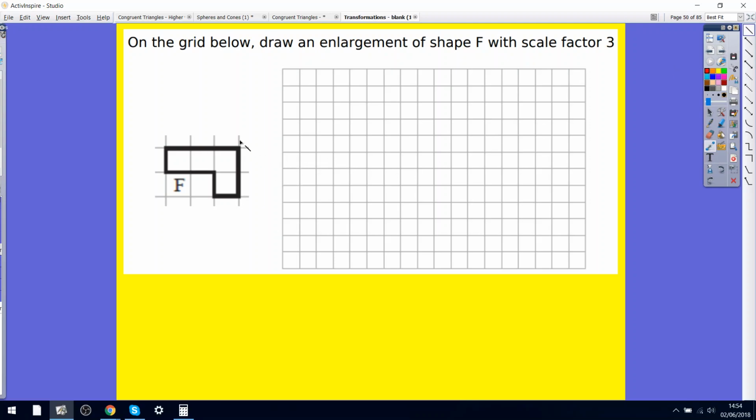This one, scale factor 3. All right. How do we do that?